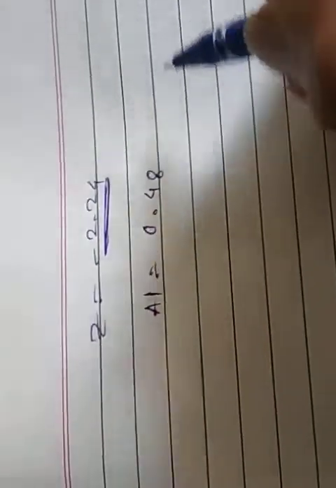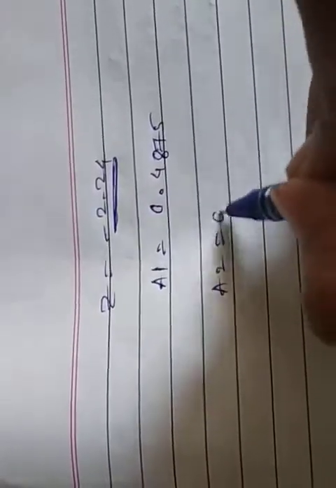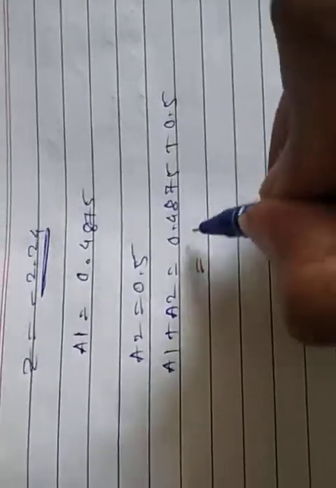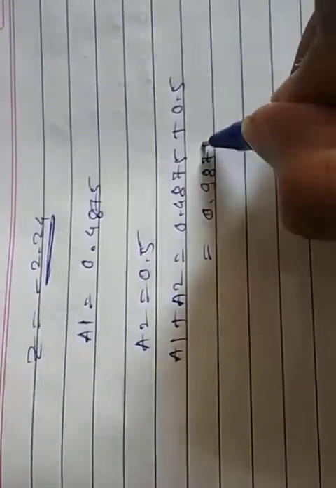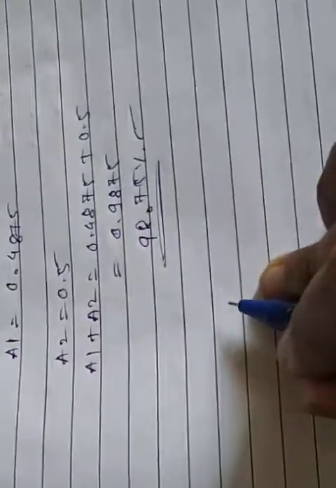So for z equal to 2.24, the area A1 is 0.4875, and A2 is 0.5, that we already know. So A1 plus A2 is 0.4875 plus 0.5. Finally we are getting 0.9875, that is 98.75%. It is the reliable one. So the reliability of that component, the beam, is 98.75%.